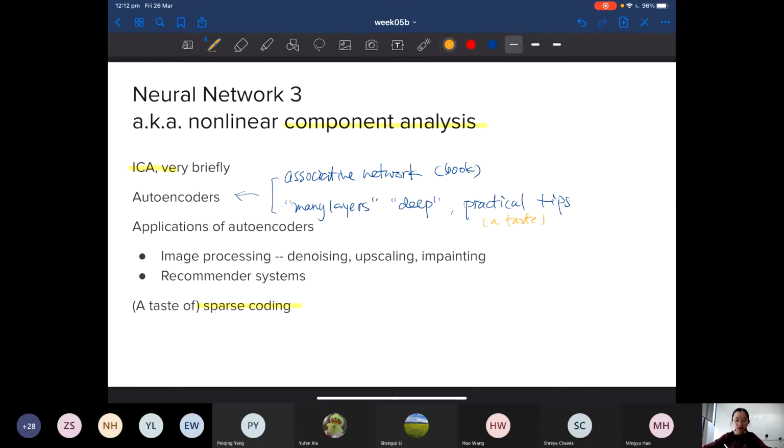And then we will talk about applications of autoencoders, various applications in image processing and also in recommender systems. Actually, this is one paper that I did with a few collaborators a few years ago.